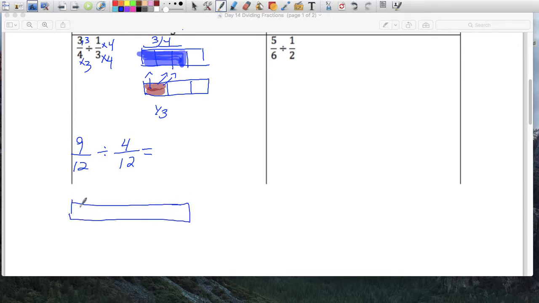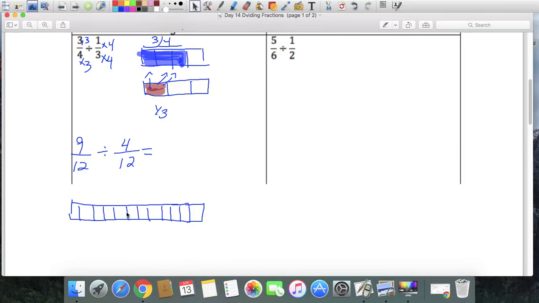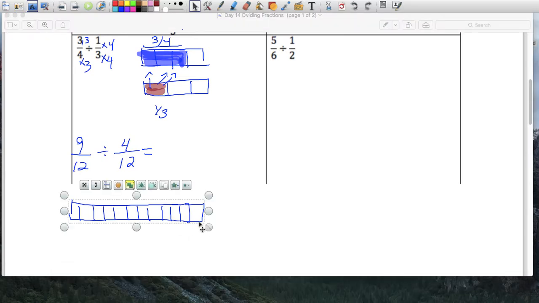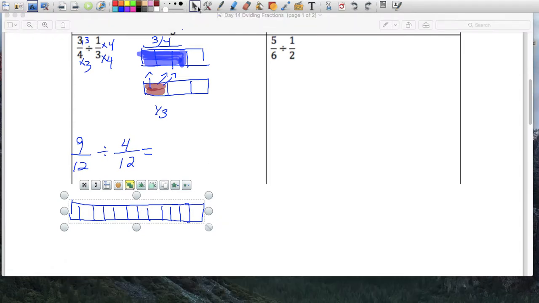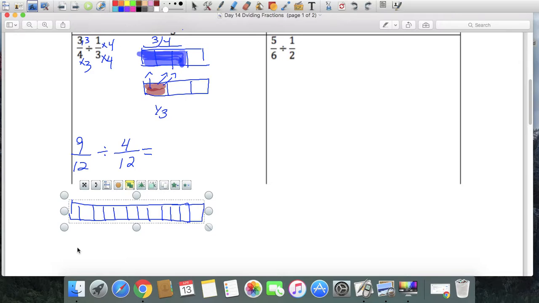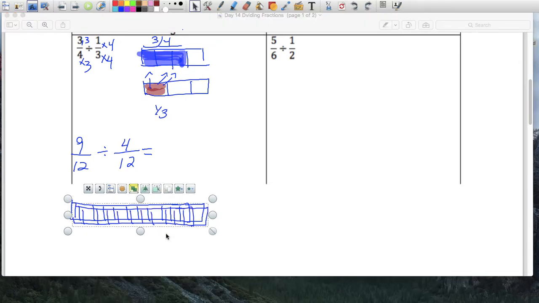Now I'm going to draw this and show you how much easier it is to picture. So here is something cut into 12s, hopefully. 1, 2, 3, 4, 5, 6, 7, 8, 9, 10, 11, 12. And what I'm going to do is duplicate it.